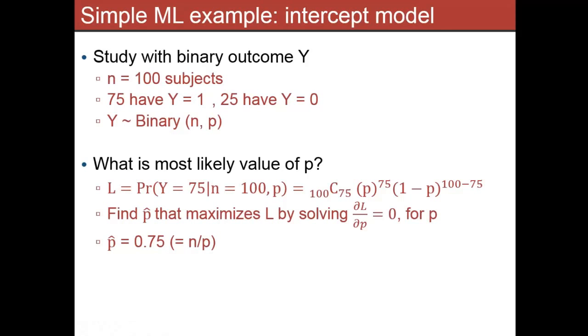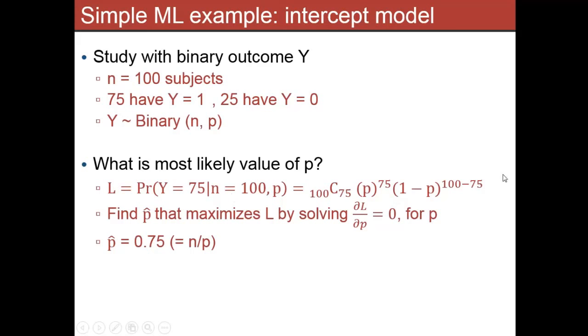That's the way you would have learned this in biostatistics: given an n and given a p, what's the probability? What we're going to do is play the game in reverse. We're going to say, what is the value of p that makes this quantity the biggest? The value of p that makes this quantity the largest is actually the maximum likelihood.